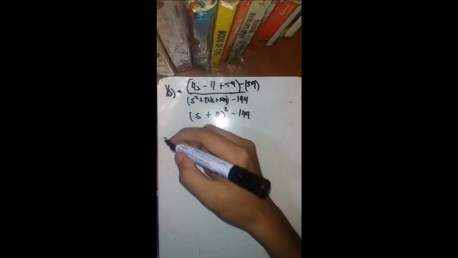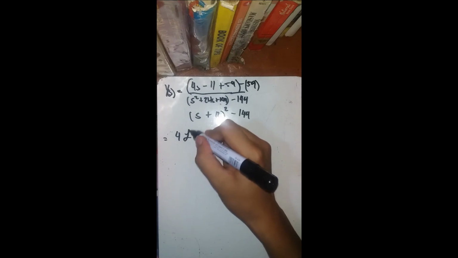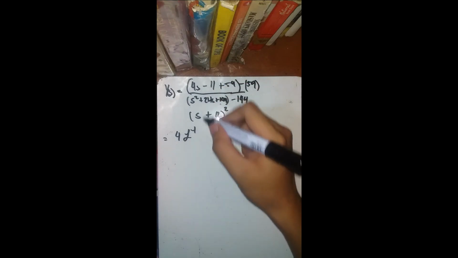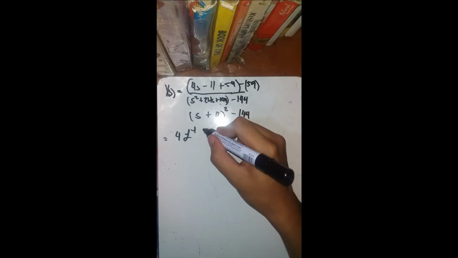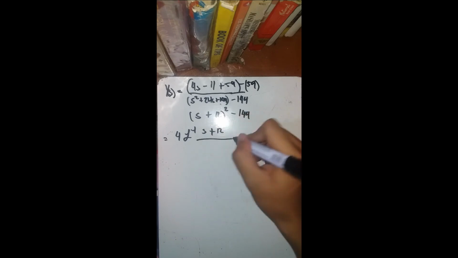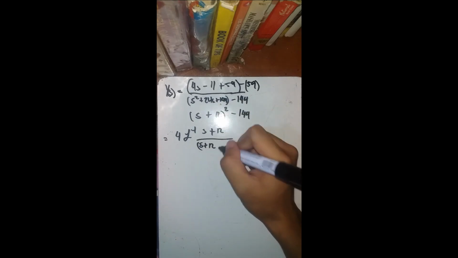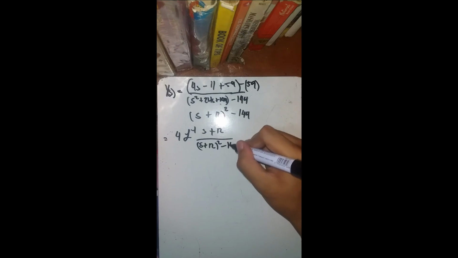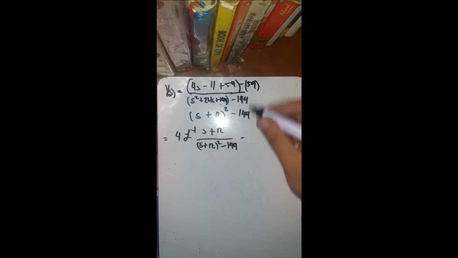We took out the 4, so it becomes 4 inverse Laplace of (s plus 12) all over (s plus 12) raised to 2 minus 144, minus, we took out the 59, inverse Laplace of 1 over (s plus 12) raised to 2 minus 144.